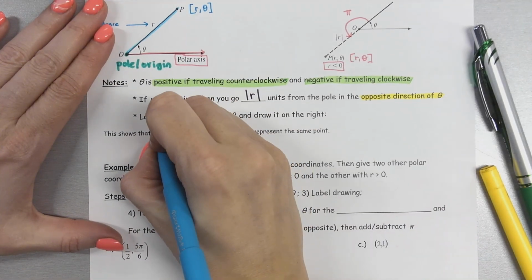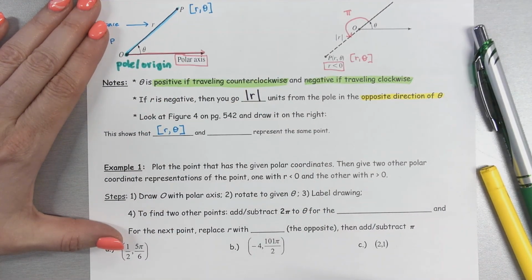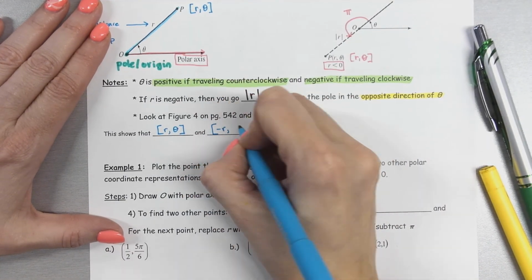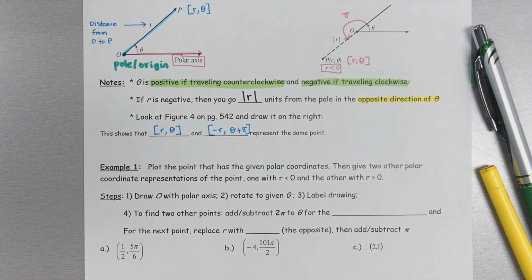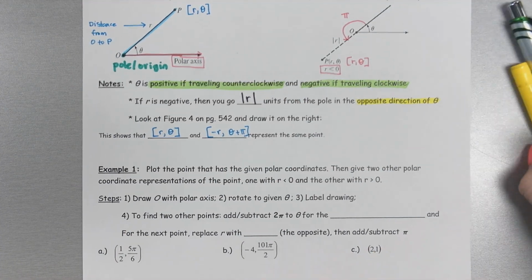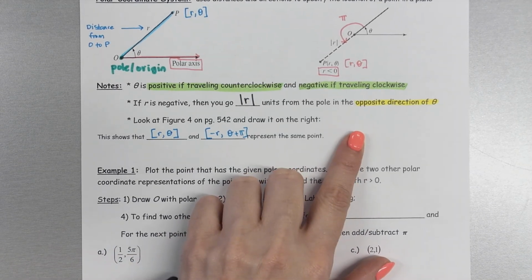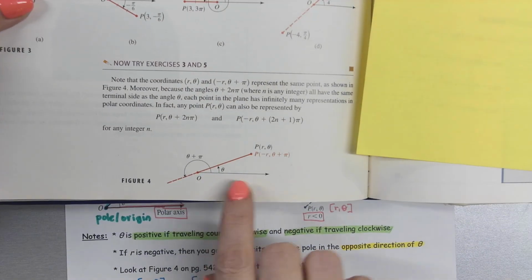Okay, and in this figure, it is going to show you that r theta and negative r, theta plus pi, represent the same point. So in this space here, we are going to draw figure 4.